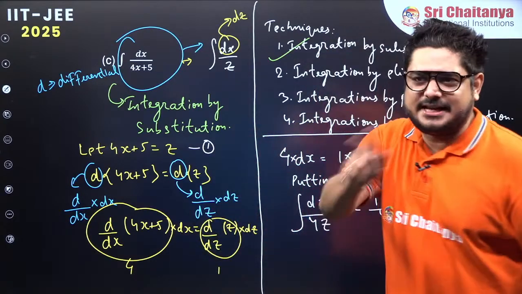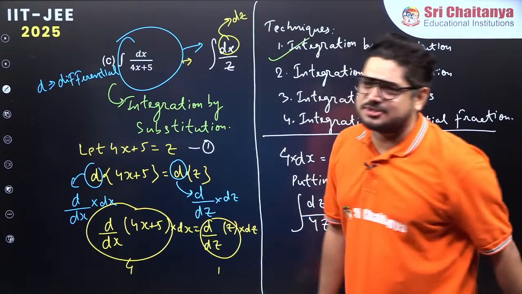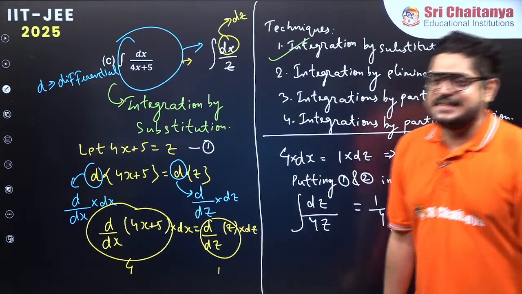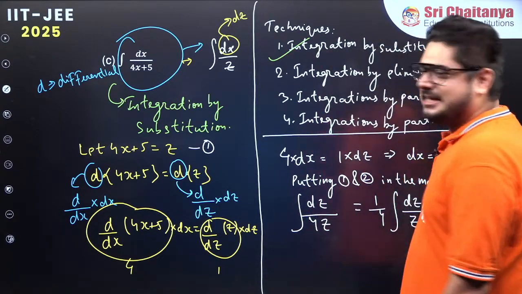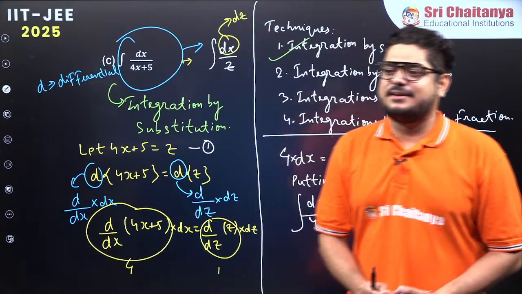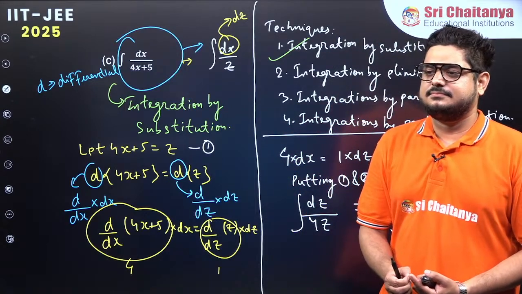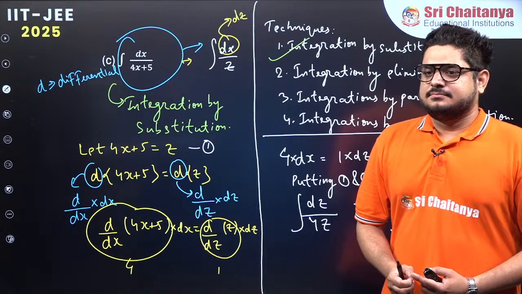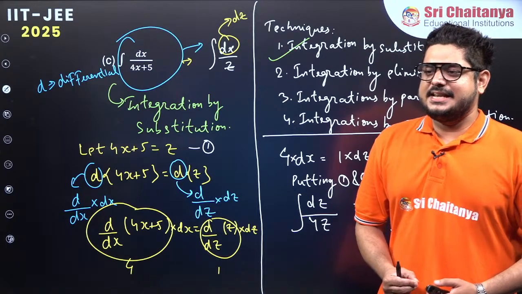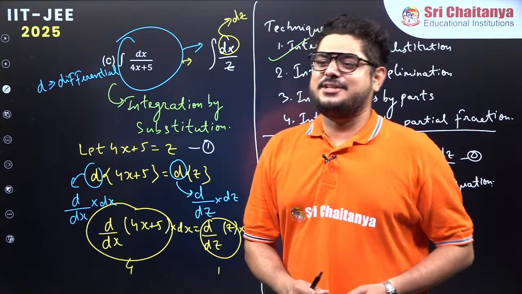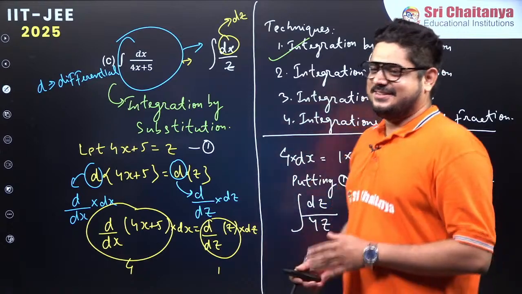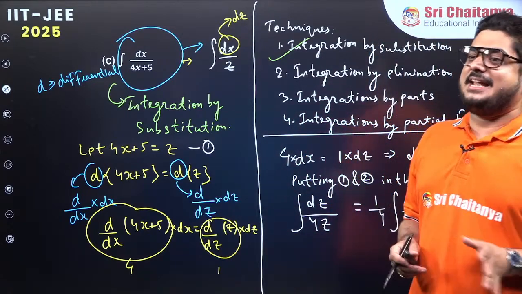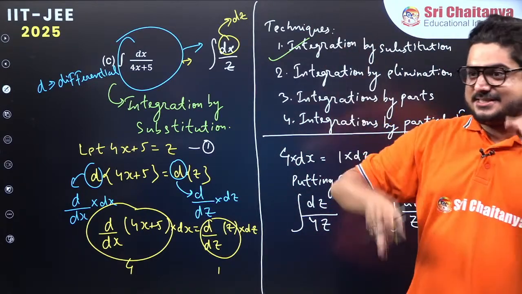What is the integral of dz by z? Write down in the chat box. Integration of dz by z, right now itself I mentioned it in the formula. It is ln z, not ln x plus c, the variable is z over here.